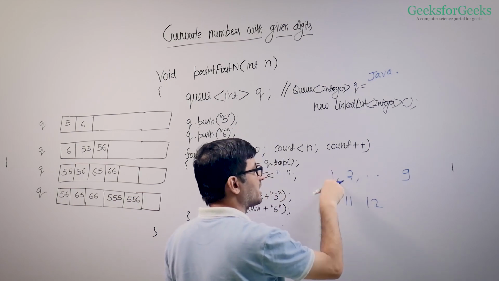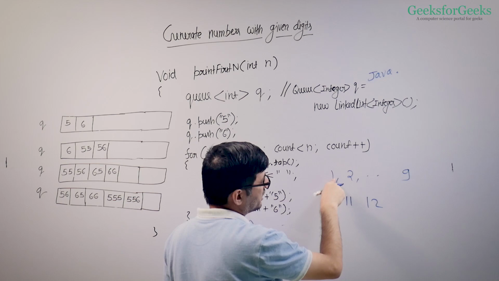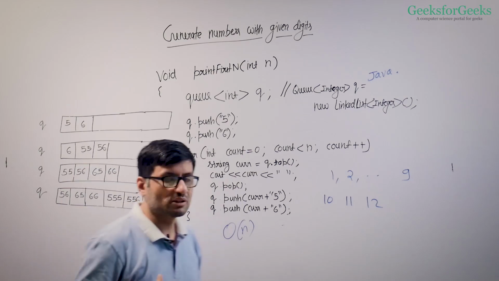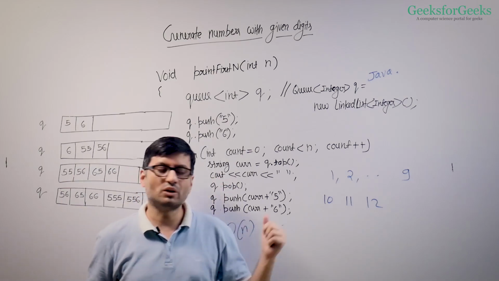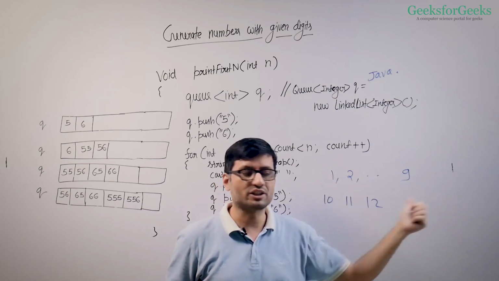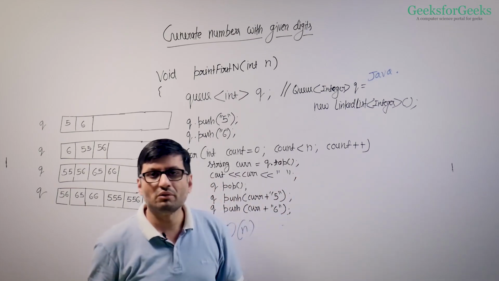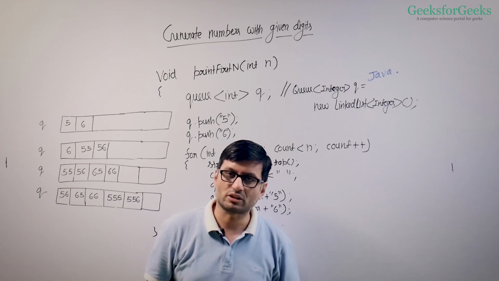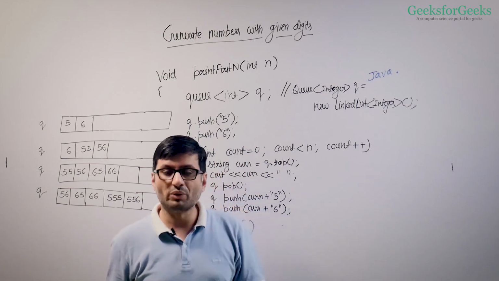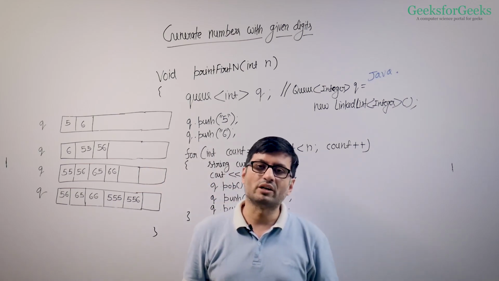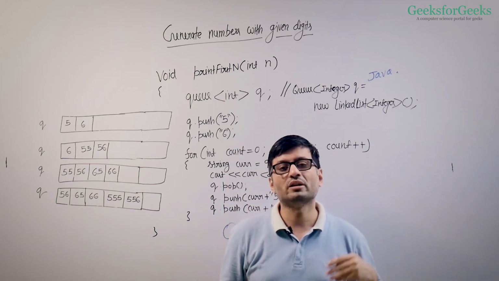You basically are attaching all the digits from 0 to 9 at the end of a number that you have just popped from the queue. So our whole number system works in a tree fashion that we just wrote. So we talked about a queue-based problem where we use queue data structure to serve two purposes. We could handle the large numbers and we could print all the required numbers in increasing order in an efficient way.